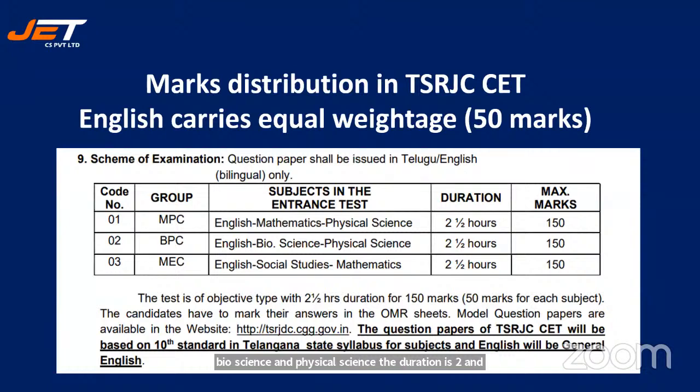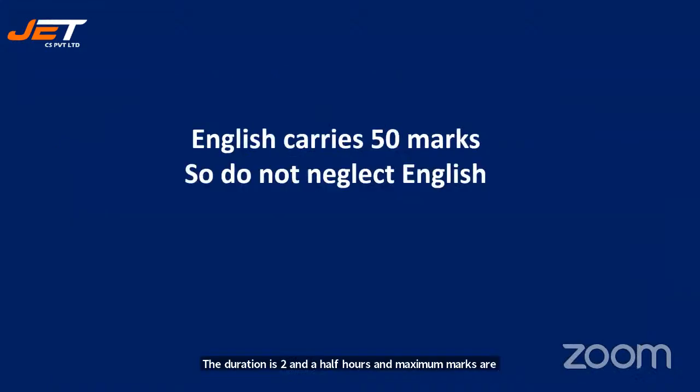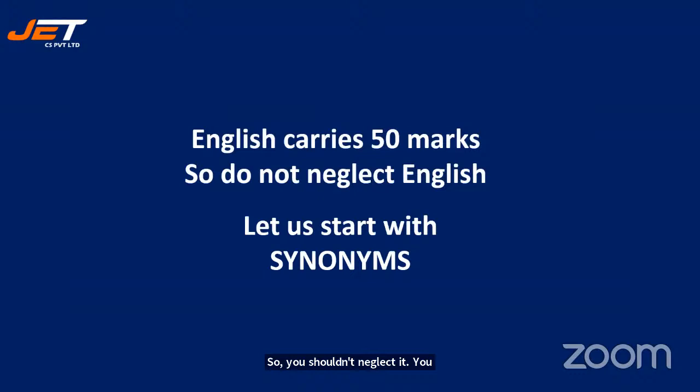And for the MEC, the subjects in the entrance test are English, social, and mathematics. The duration is 2.5 hours and the maximum marks are 150. So English carries 50. One third of the marks are carried by English. So you shouldn't neglect it in any way.